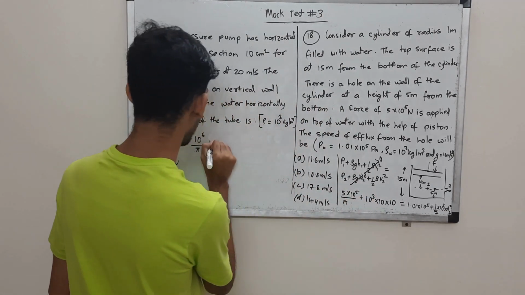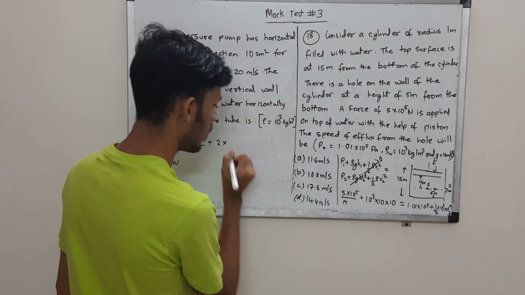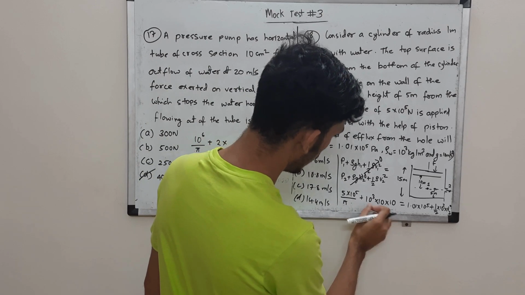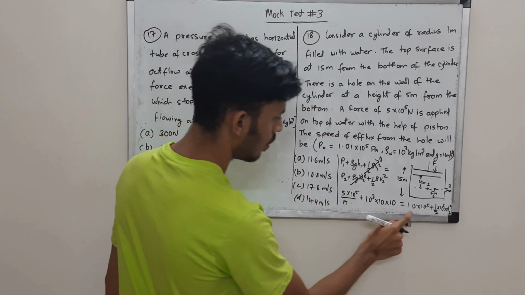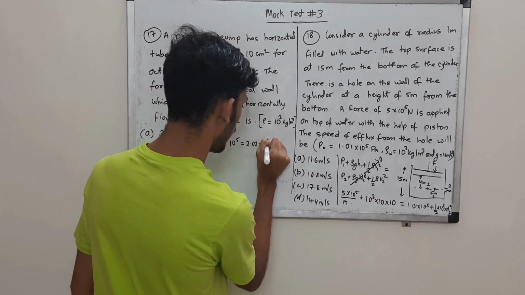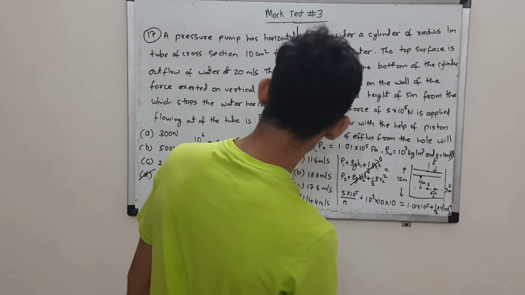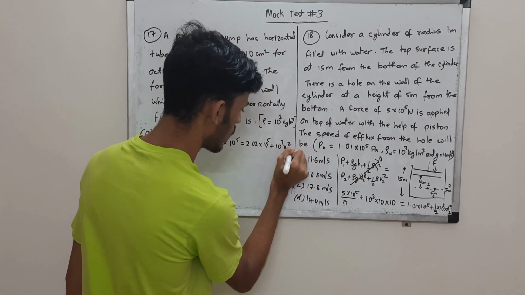Here if you multiply 2, we'll keep it separate, 2 into this will be 10 to the power 5, and here you'll have 2.02 into 10 to the power 5. And finally we'll have 10 to the power 3 v2 square.